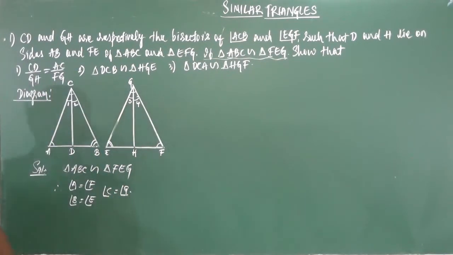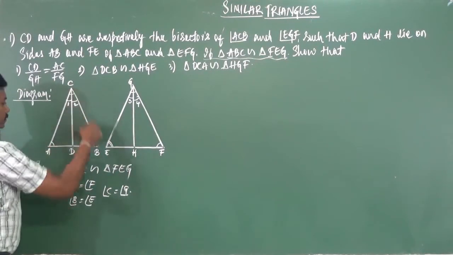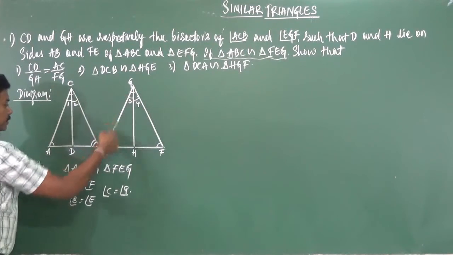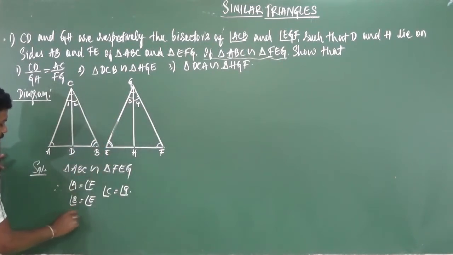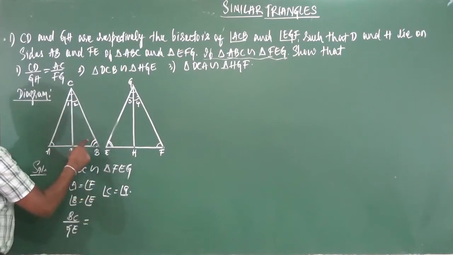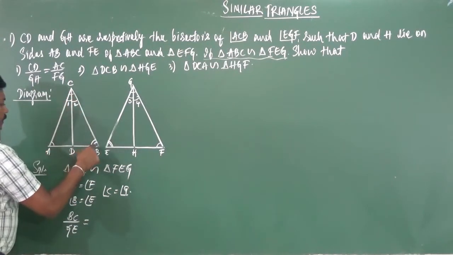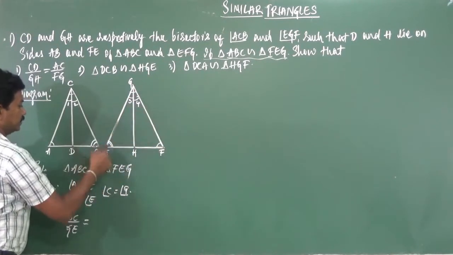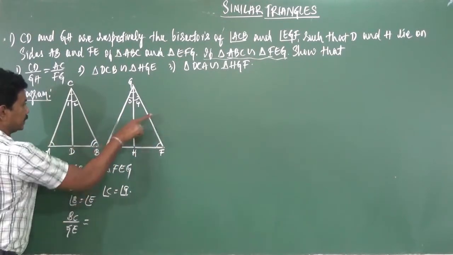Opposite to angle C is BC, opposite to angle G is GE. Therefore, BC by GE is equal to the next one. Opposite to angle B is AC and opposite to angle E is GF, because these two are corresponding angles. Therefore, we have to take their opposites.